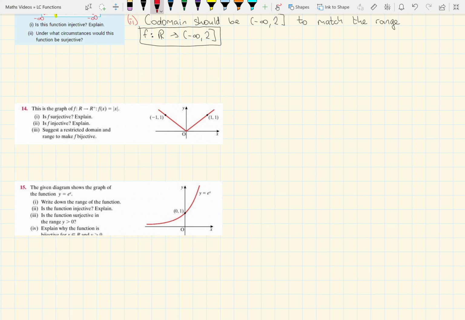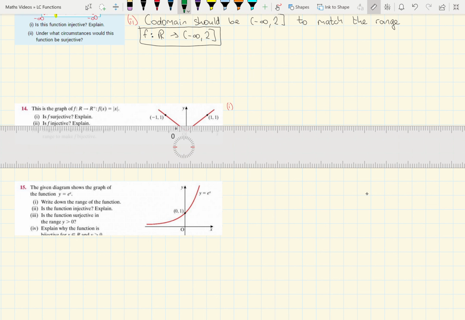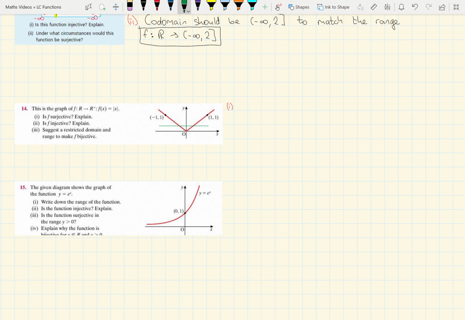Okay, so we'll come and have a look at question 14 now below it. And we're being asked in a little bit more detail here. So part 1 asked, is it surjective? We're going to run our horizontal line test. That's okay. And then we're going to check if our codomain equals the range. So we were told our codomain is the set of positive reals, so 0 to infinity. And we check our range. We see here the lowest value they tell us is 0. And it heads all the way up.